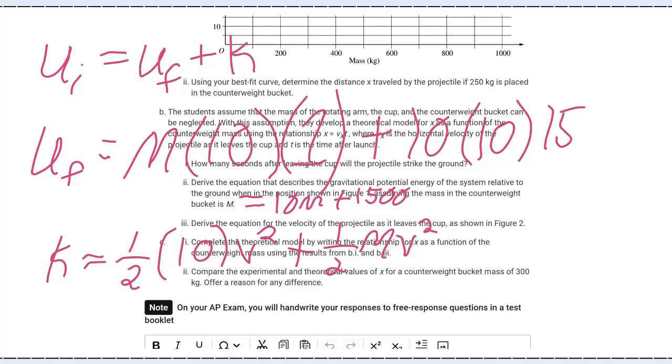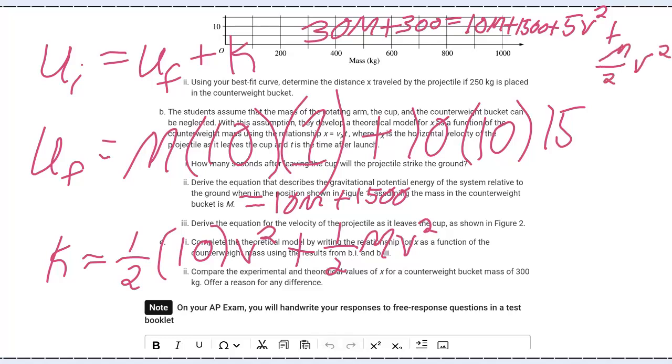So we could set it up. We know our U initial, 30m plus 300, and then that equals 10m plus 1500 plus 5v squared plus m over 2 v squared. Let's erase this.